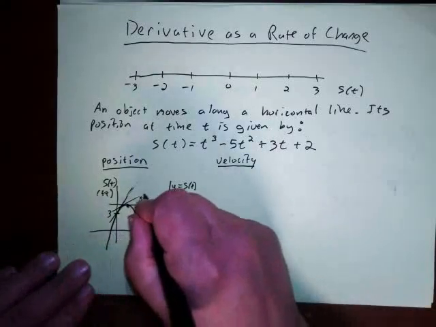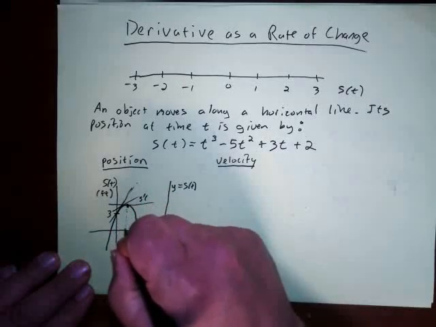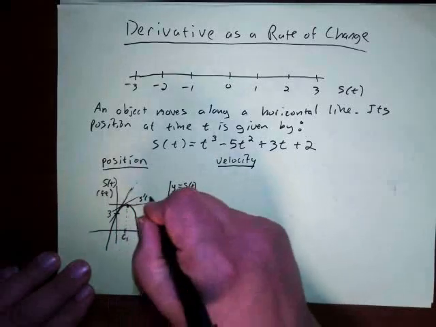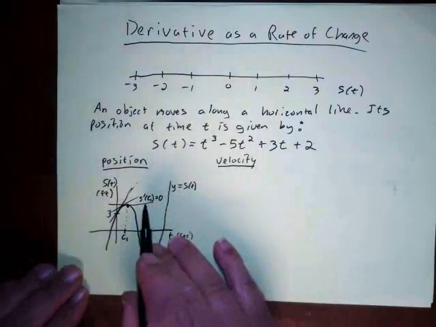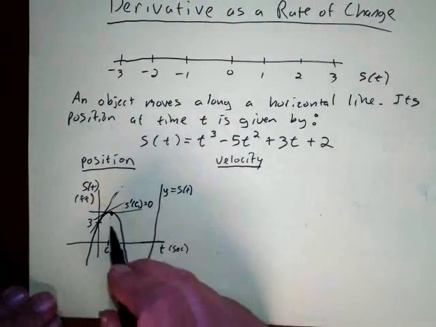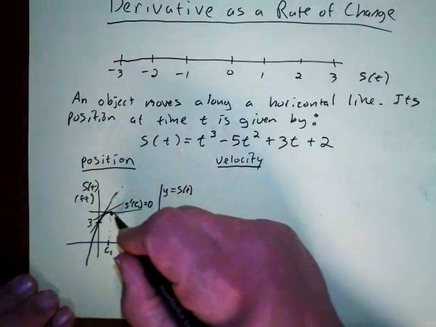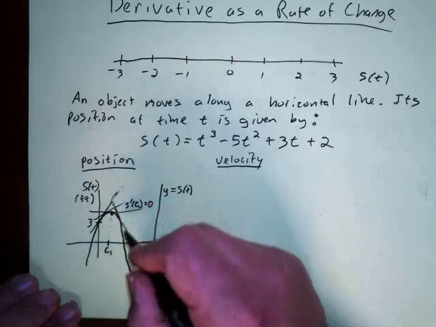So let's give this point a name. We'll call this C1. So at C1, s prime of C1, the slope is equal to 0. So the derivative is equal to 0 at that point. And then when you get to this side, the slopes are negative, right?